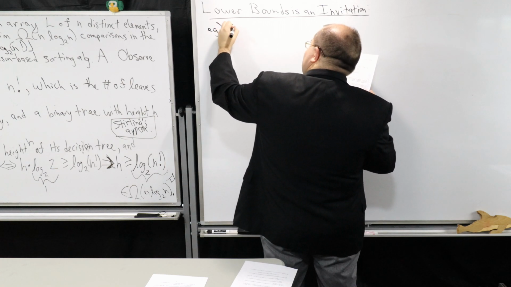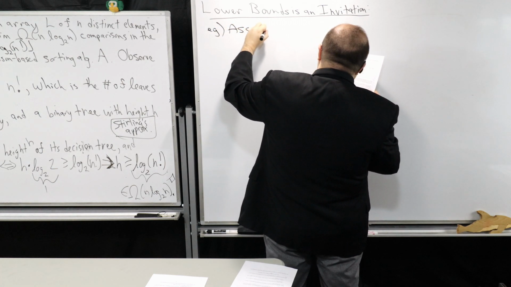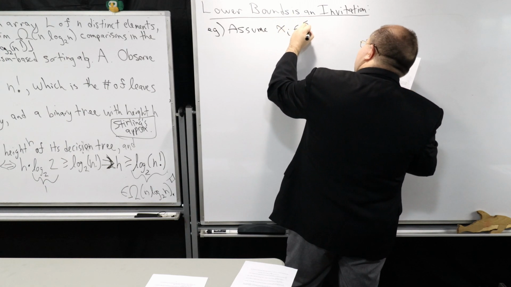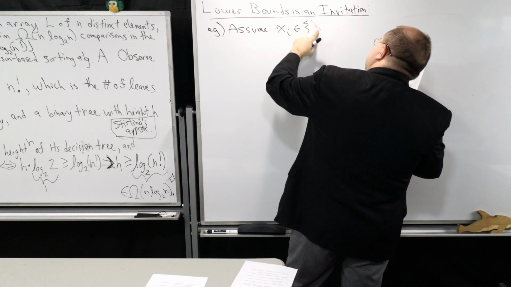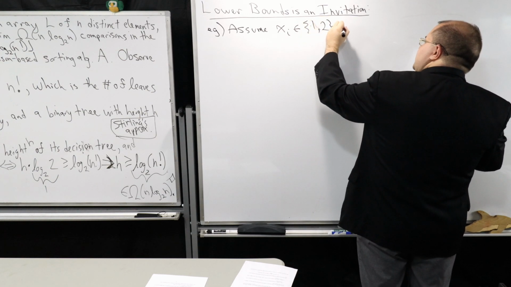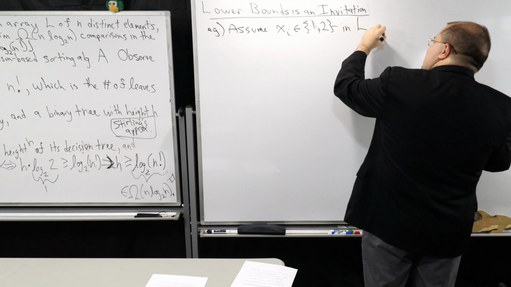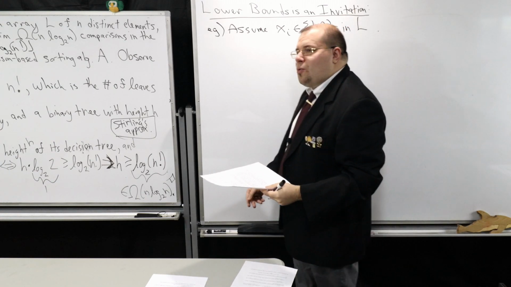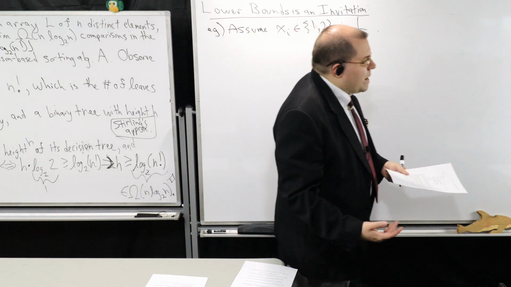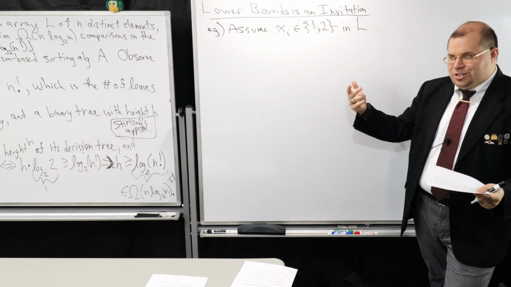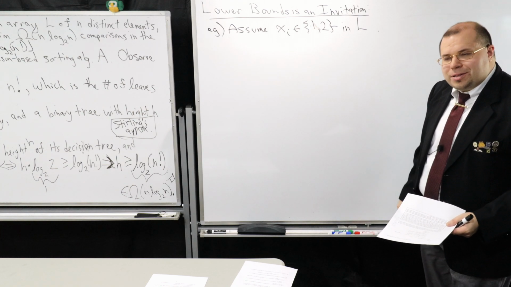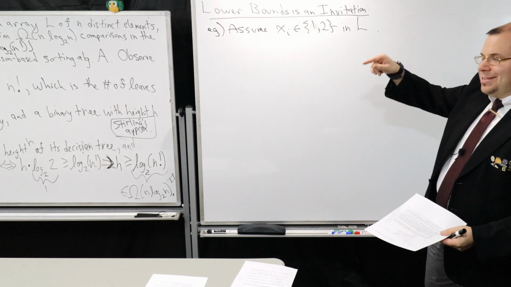I want you to try to assume that each xi, as I had before in L, is either a 1 or a 2. So imagine you have an array that just consists of 1s and 2s. Can somebody tell me a way I can sort that array better than n log n?